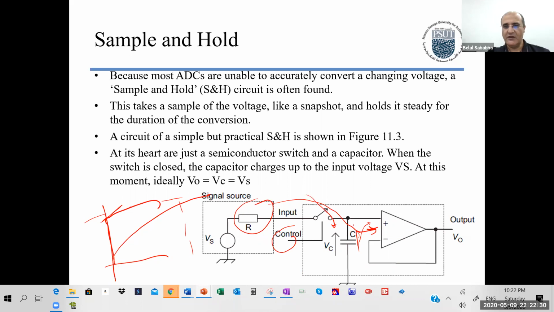It can't just jump in zero time and become the actual sample. So there's some delay because of this RC circuit. But then this buffer will take the output to the A to D directly. So here there's something we need to work on, the timing. How long do we need to keep this switch closed and charging the capacitor?